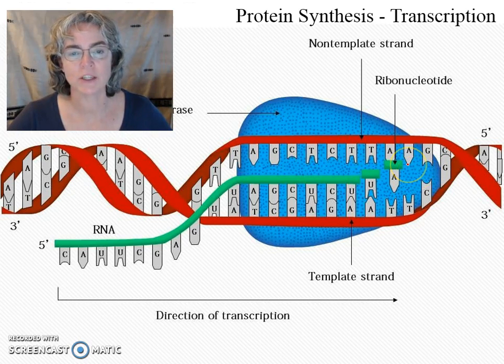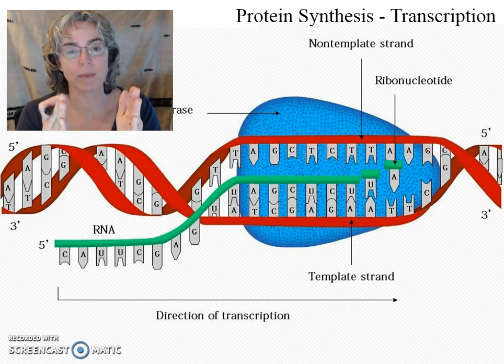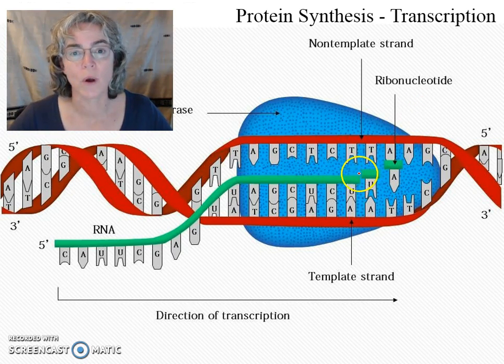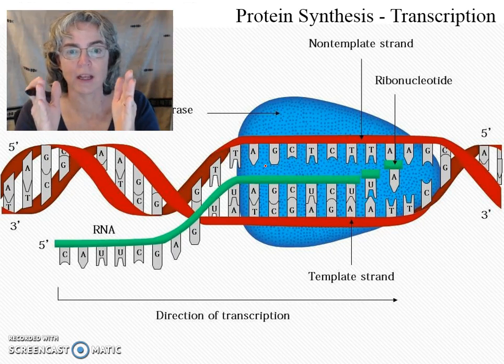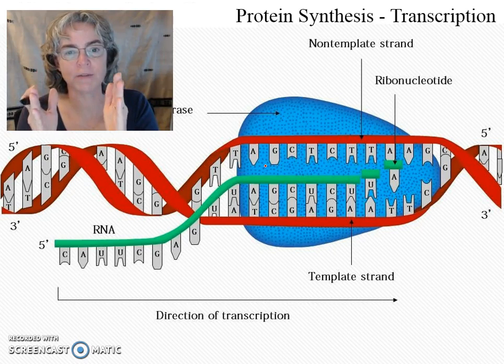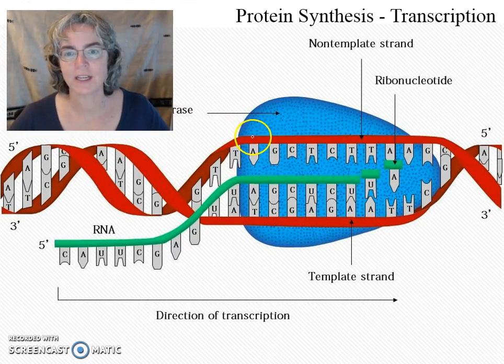In DNA replication, the whole DNA strand is unzipped and replicated. In protein synthesis and in transcription, only the part of the strand that holds the gene, the sequence of nucleotides specific for making a specific protein, is unzipped.